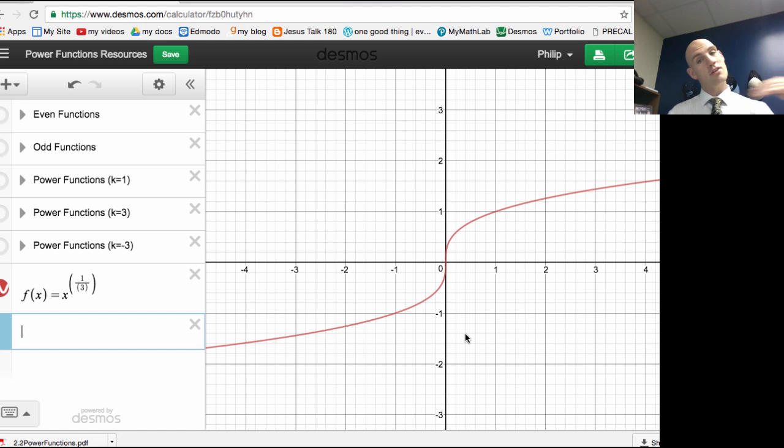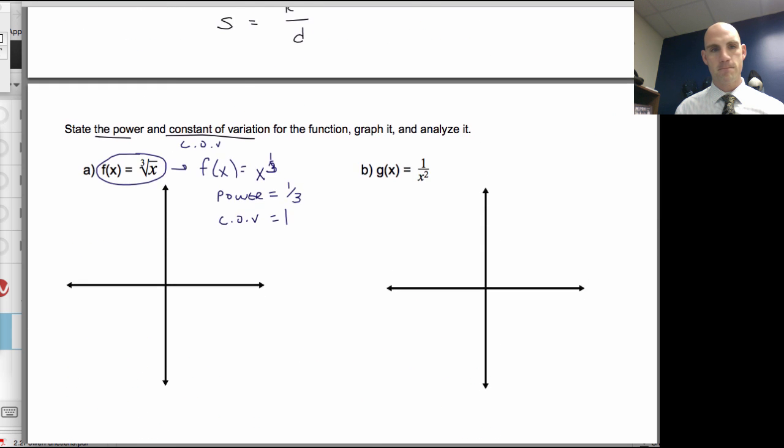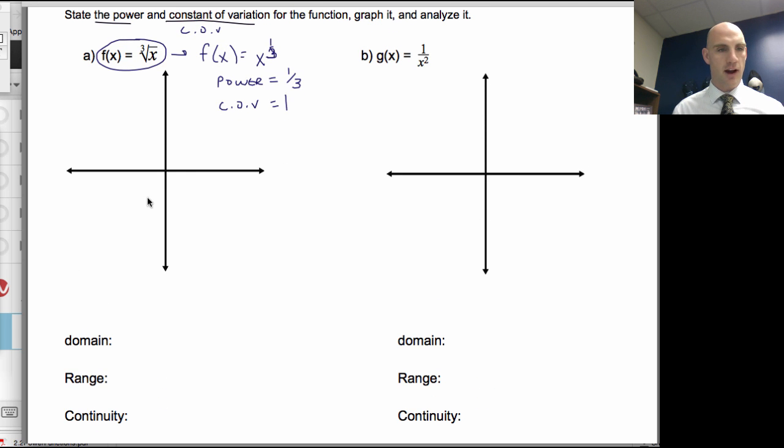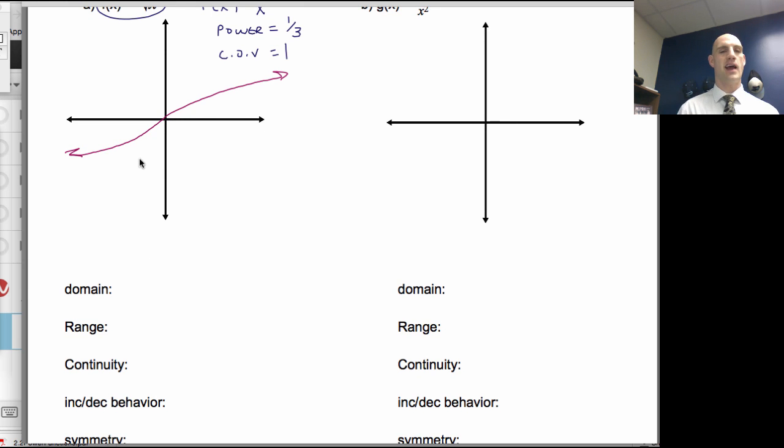X to the 1/3 is going to be that sideways because they are inverses of one another. So let me pull my sheet back up here. And so my graph looks something like this. And it's asking me a bunch of questions for the analysis.